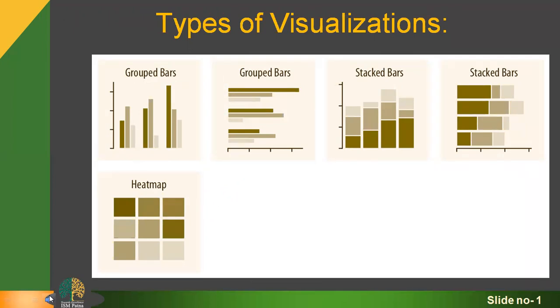Normally bar charts, if we say, there are a lot of bar charts like group bars. When you say it is vertical, then it becomes columns. When you say it is horizontal, then it is a bar, and if it is vertical, then it is a column chart.